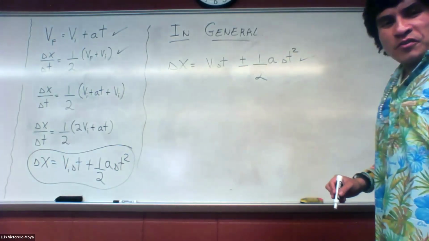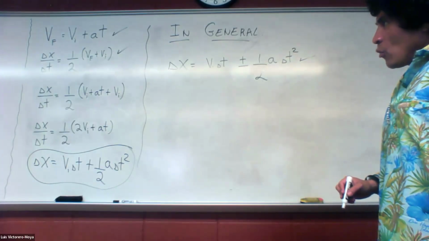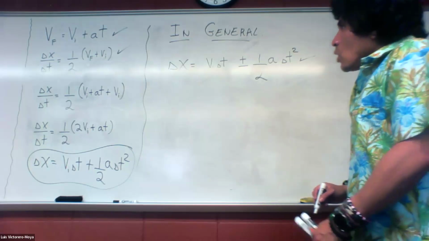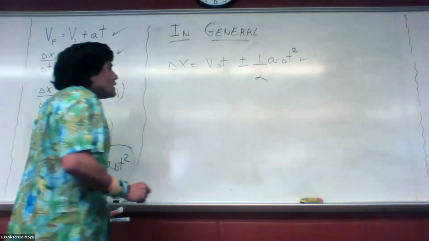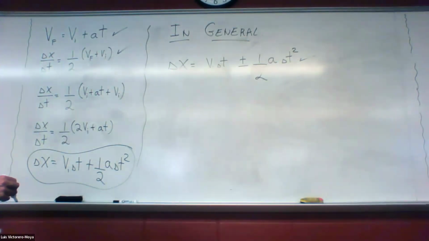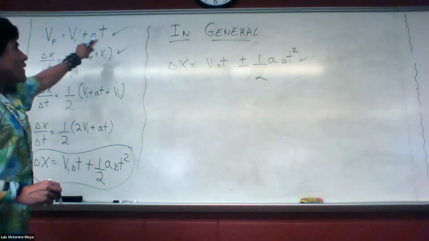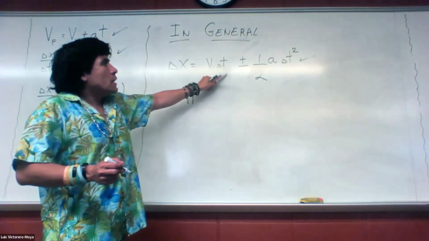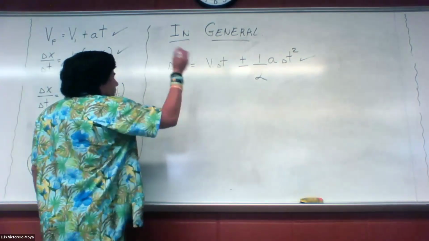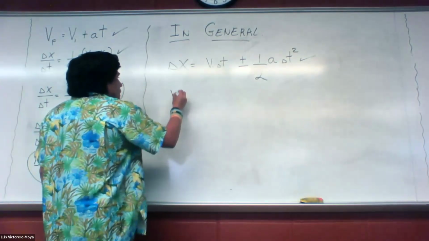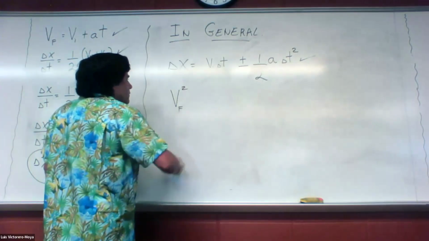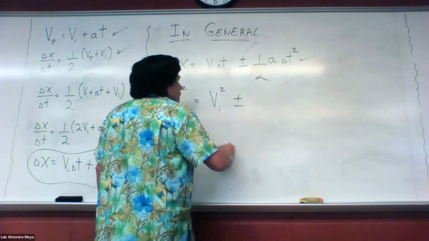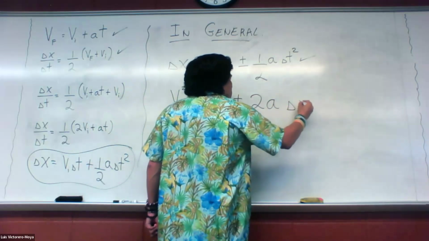So those are what we call the equations of motion, or the equations of one-dimensional kinematics. The other equation is, you could combine this equation and that equation. That's a bit longer, but basically you solve for time. If you solve for time, you get an extra equation, which looks like this: v final squared is equal to v initial squared plus or minus 2a delta x.